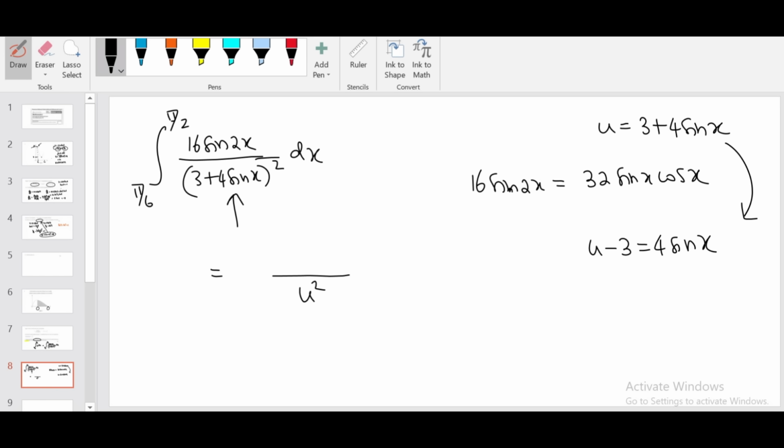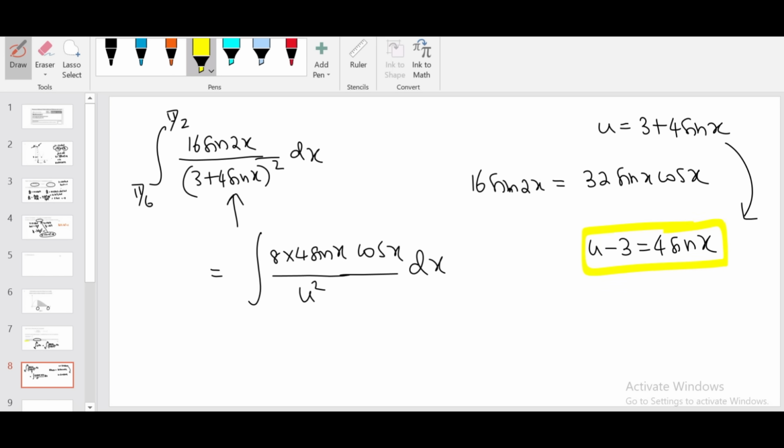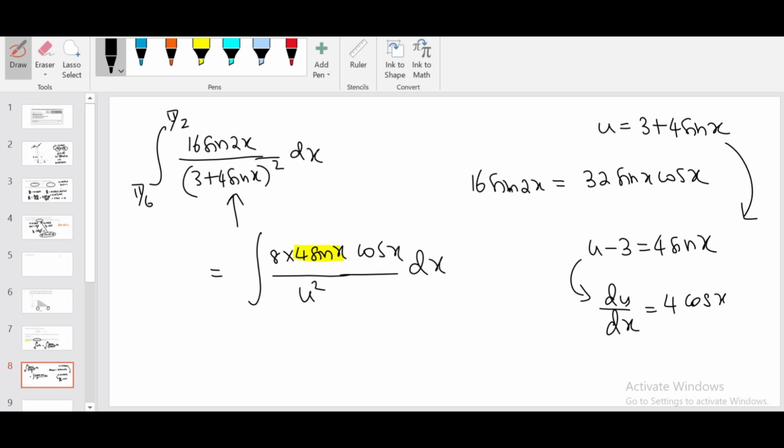So I'm going to put the integral. The numerator is 32 sine x cos x. I'm going to write 32 as 8 times 4, so 8 times 4 sine x times cos x times dx. Why did I split the 32 into 8 times 4? So that I can replace 4 sine x by u minus 3. And one more thing, when I differentiate, du over dx is equal to 4 cos x.